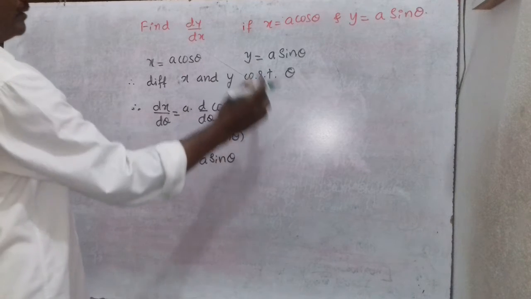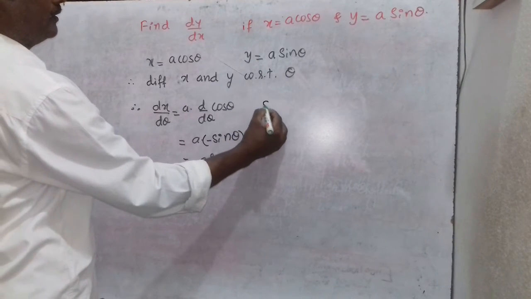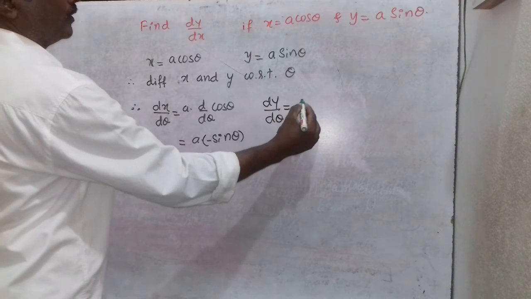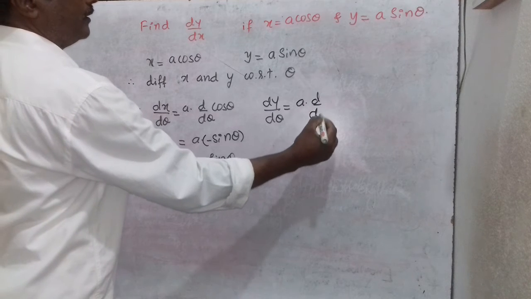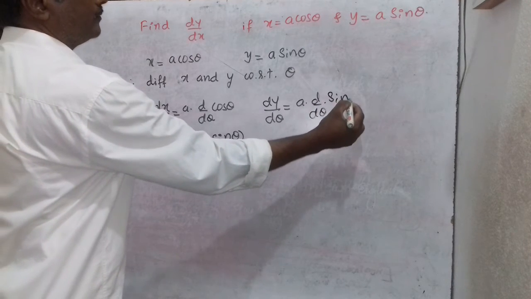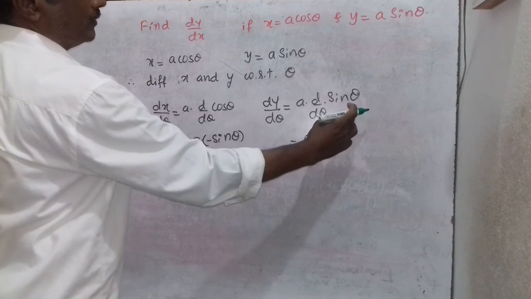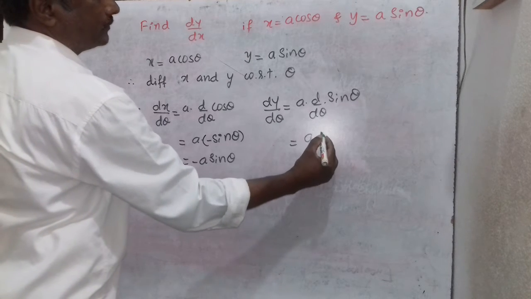Similarly, differentiate y with respect to theta. dy by d theta equals a d by d theta of sin theta, and the derivative of sin theta with respect to theta is cos theta.